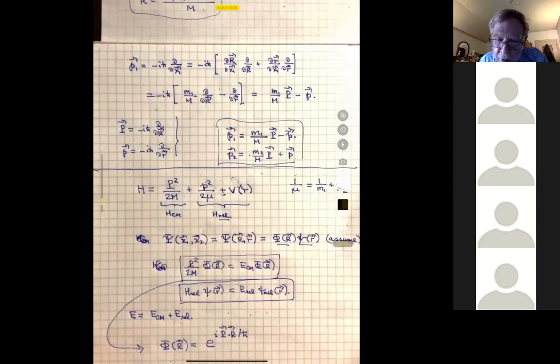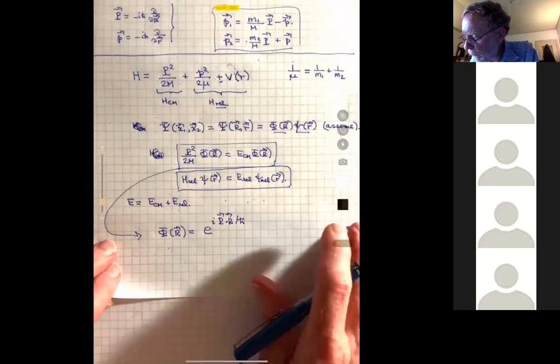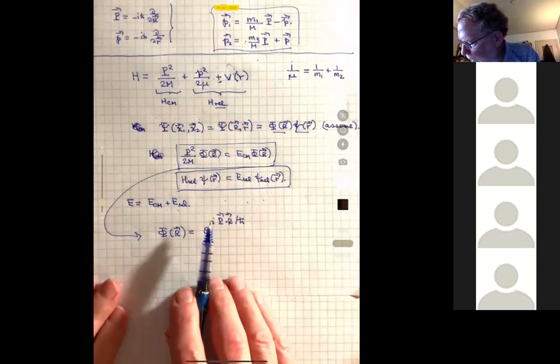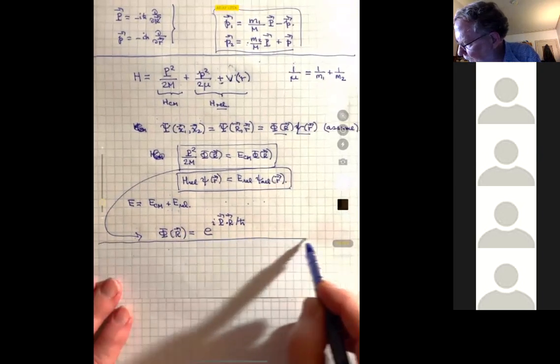And the same thing applies for the momenta too. That depends on the momenta of both particles. It just looks like a one body problem. All right. Anyway, we've reduced this now to one body problems, and we can now talk about solving them, doing some examples of solving them.